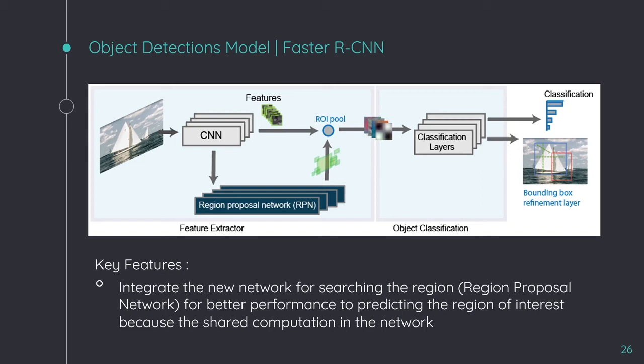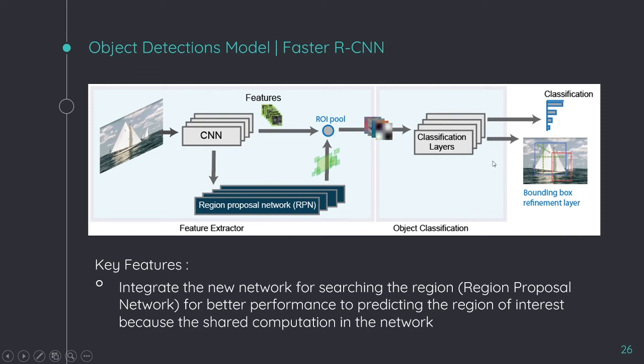Instead of using the selective search, this model is using the region proposal network to predict the region proposal of the object. And then the predicted region proposal will be reshaped into the CNN using the region of interest pooling layer. This one right here. And then the output will be used to classify the image and the proposed region and predict the offset value of the bounding box.